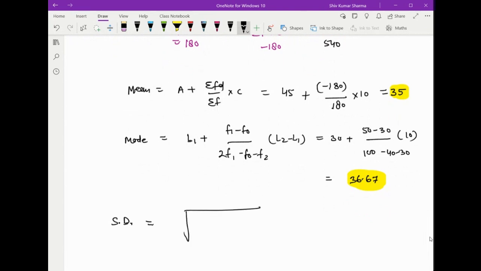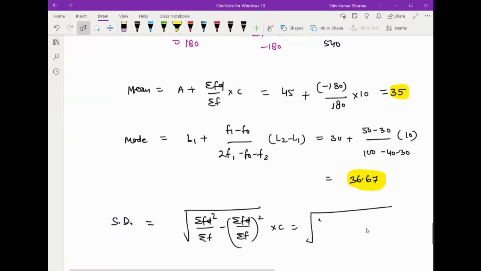For standard deviation, we have the formula: square root of summation of fd square upon summation of f, minus summation of fd upon summation of f, the whole square, into interval c. So this equals summation of fd square, which is 540, very good. So 540 upon 180, minus 180 upon 180, the whole square, into 10, the interval.